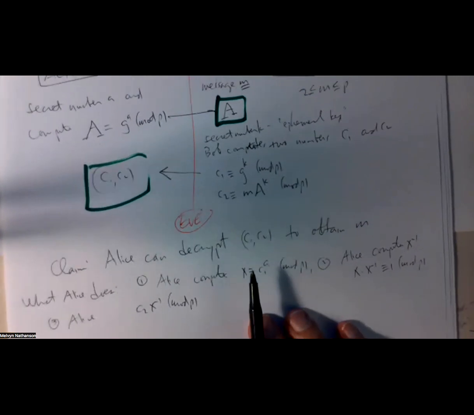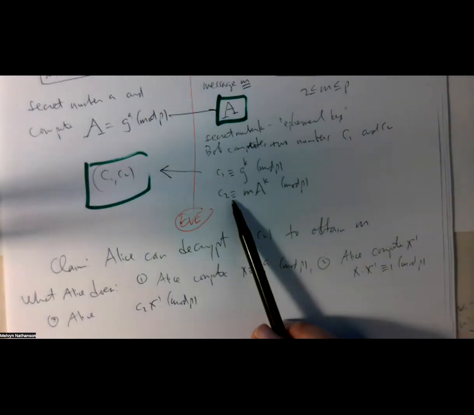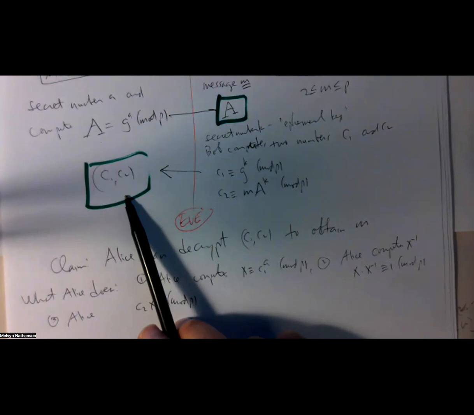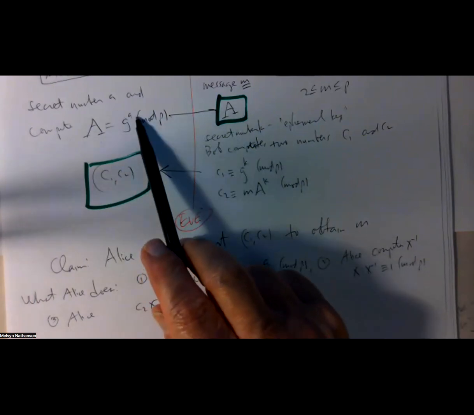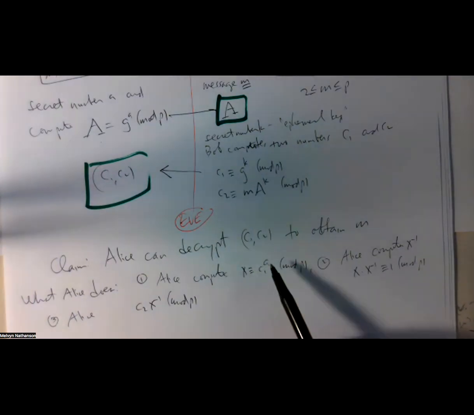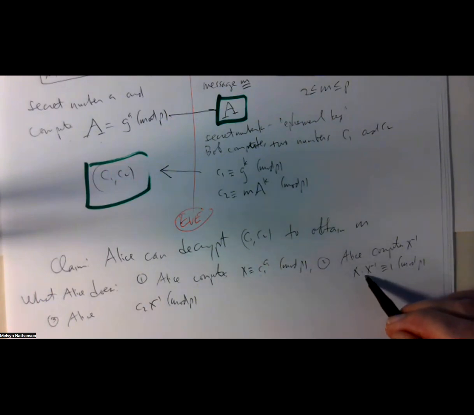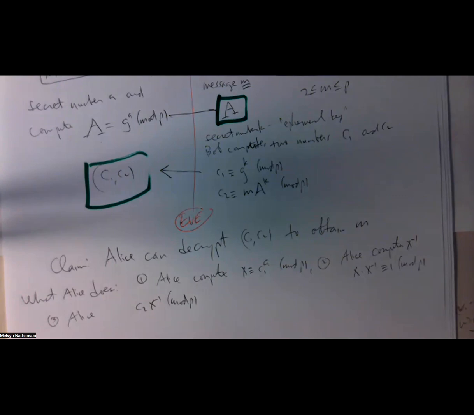So again, Bob sends the numbers C1 and C2 to Alice. Alice also knows her secret number, little a. So first she takes the first number Bob sent her, C1, raises it to the power a, call that X. Then she finds the inverse of X mod P. That can be done.